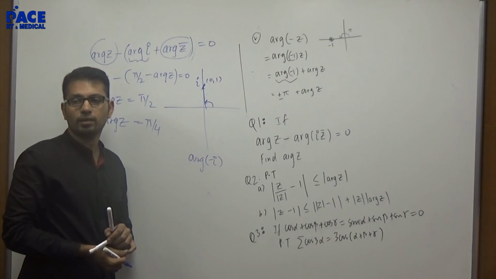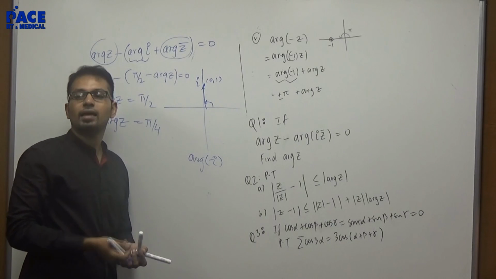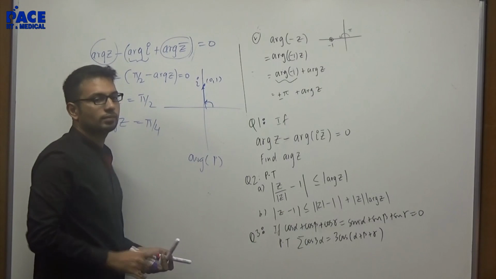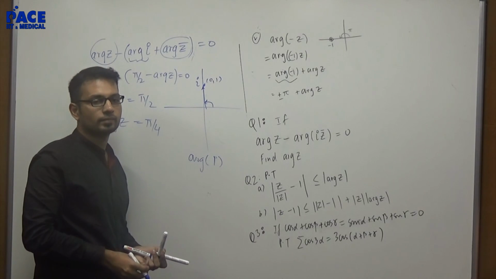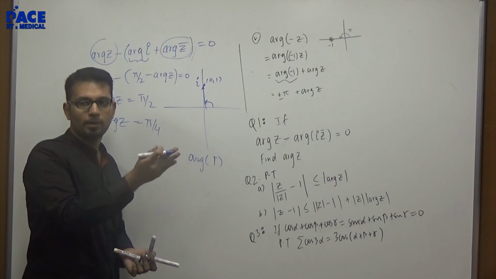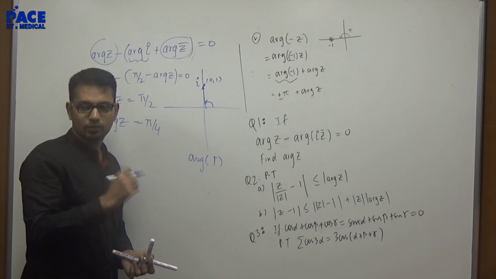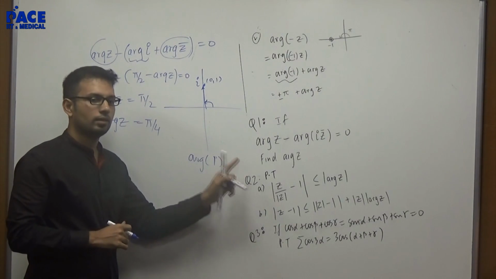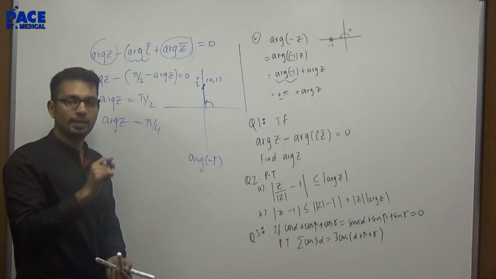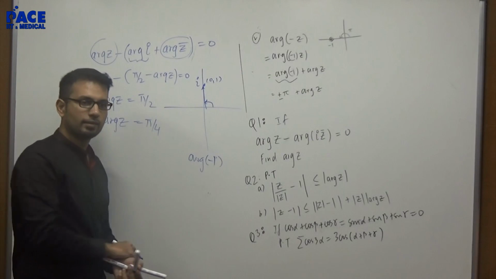Minus 90. Argument of 1. 1 मतलब कौन सा point? 1,0 real axis पे 1 plus 0 iota. So इसका argument 0. Argument of minus 1? 180. Okay.